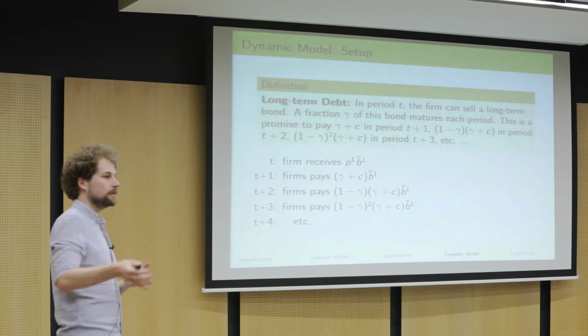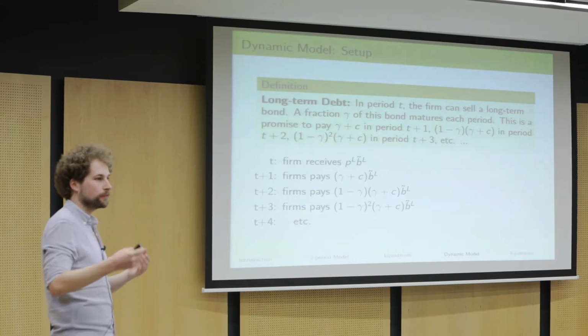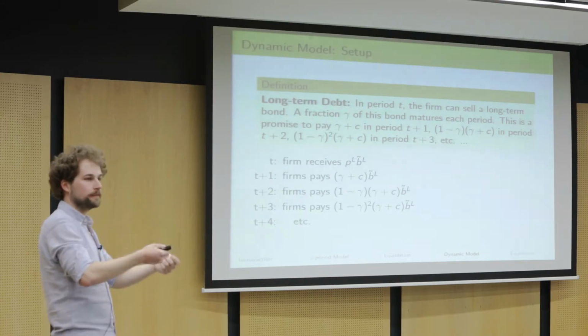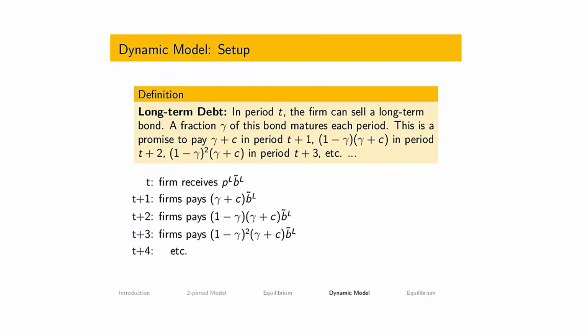And there's a different debt contract which we also offer to the firm. So the firm can also sell long-term debt. And this long-term debt is a promise of an infinite payment stream with a geometric decay. So if a firm sells long-term debt in period T, this firm promises to repay a fraction gamma of this debt next period together with a coupon payment.